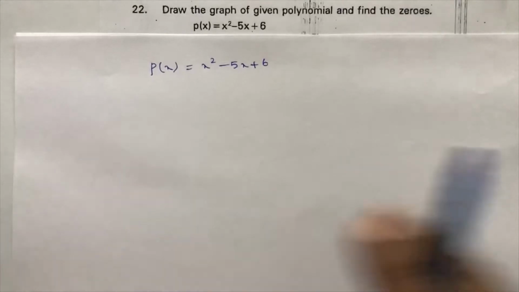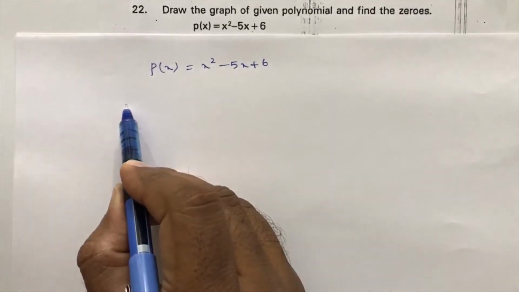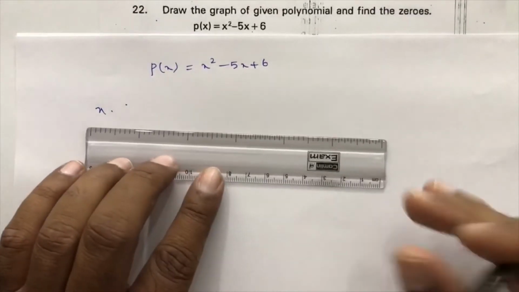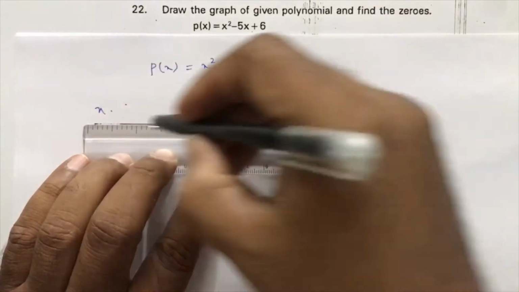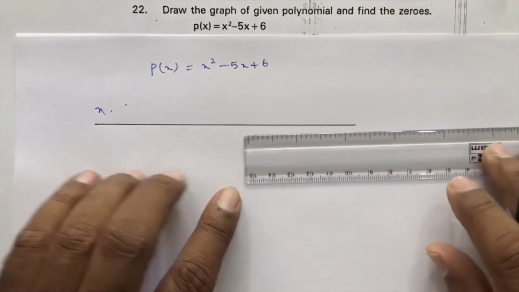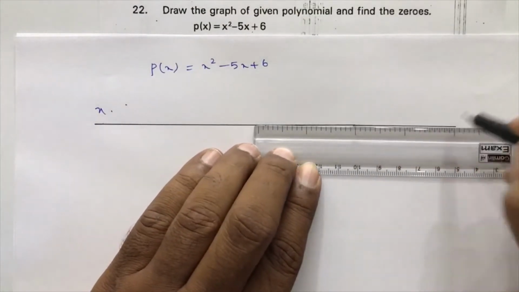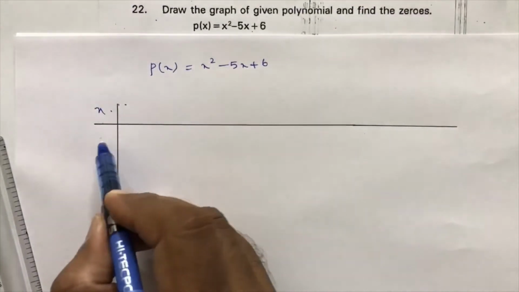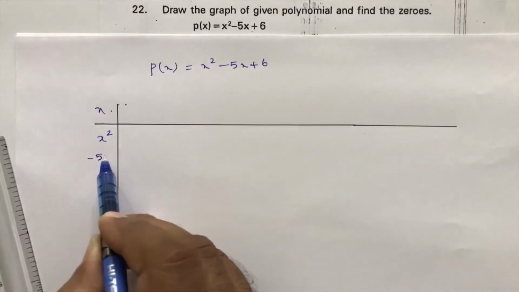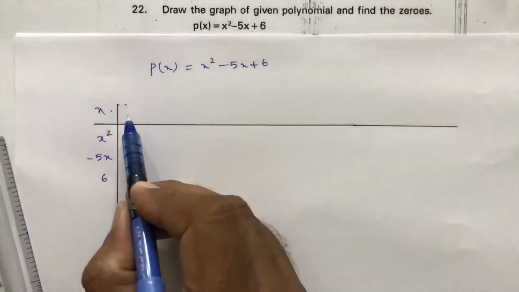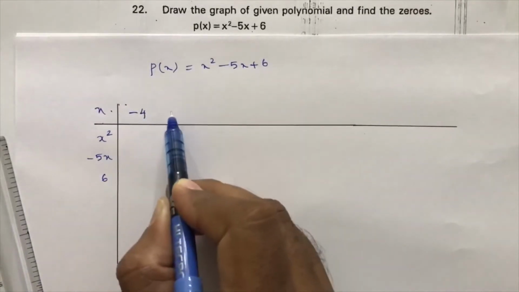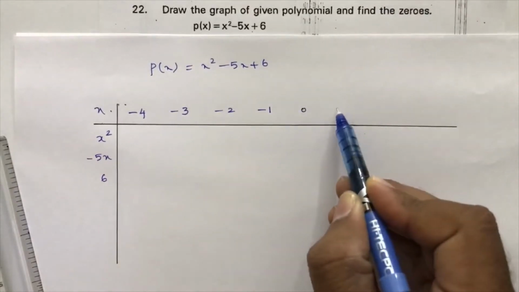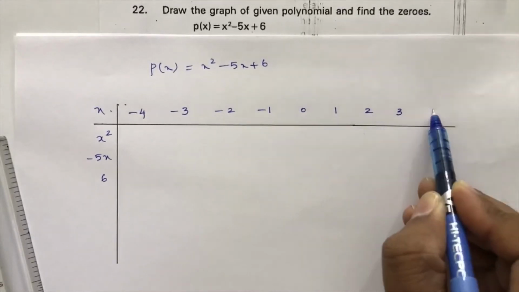To draw this graph, first write x and take the values like minus 4, minus 3, minus 2, minus 1, 0, 1, 2, 3, 4.